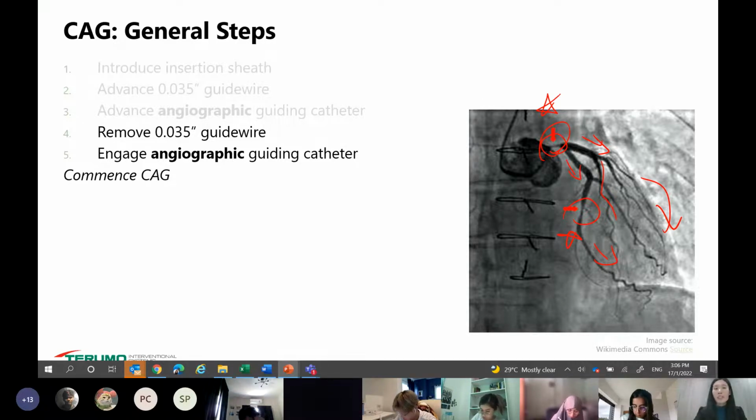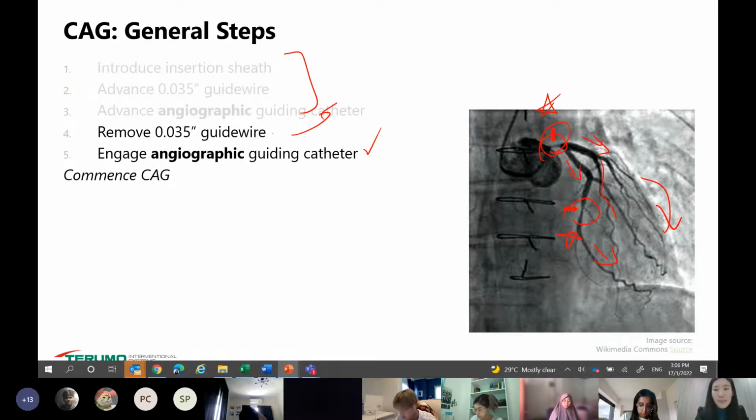But anyway, we're talking about the steps here. So just now, the first 3 steps: introduce the sheath, the guide wire, and the guiding catheter. The guide wire is just to guide this guiding catheter up to the correct side, right? So what we'll do is remove your guide wire and then engage the angiographic catheter.